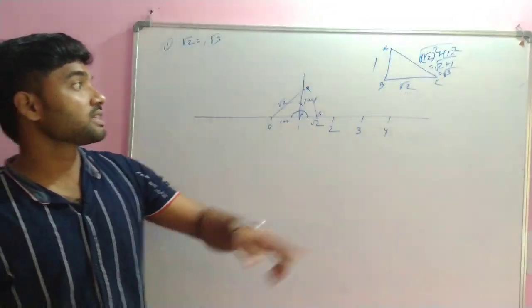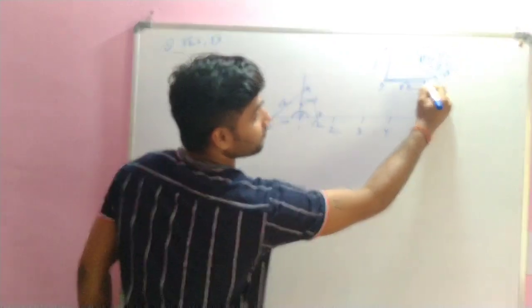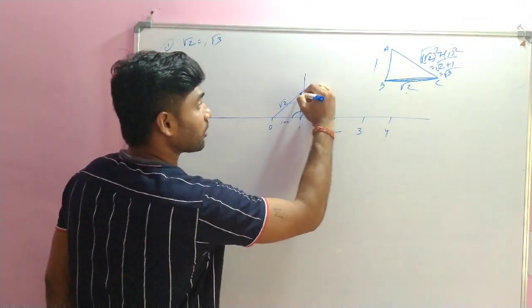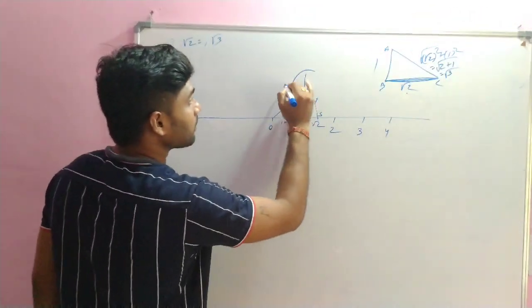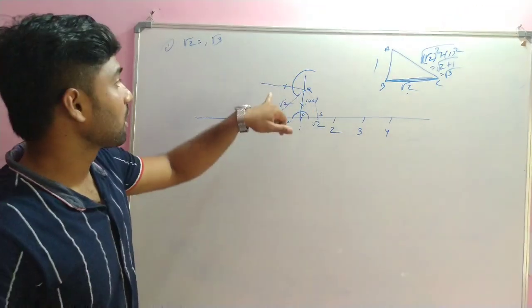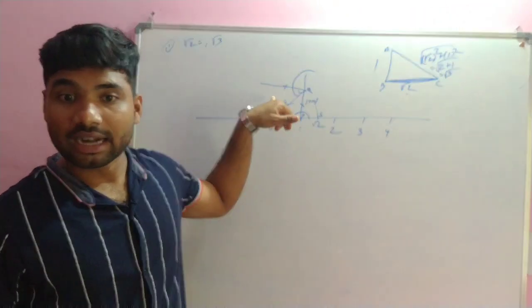So how can you represent root 3 on the number line? Already you got the base root 2 here. So you have to draw a 90 degree right angle here, a perpendicular line. You have to draw a right angle triangle.